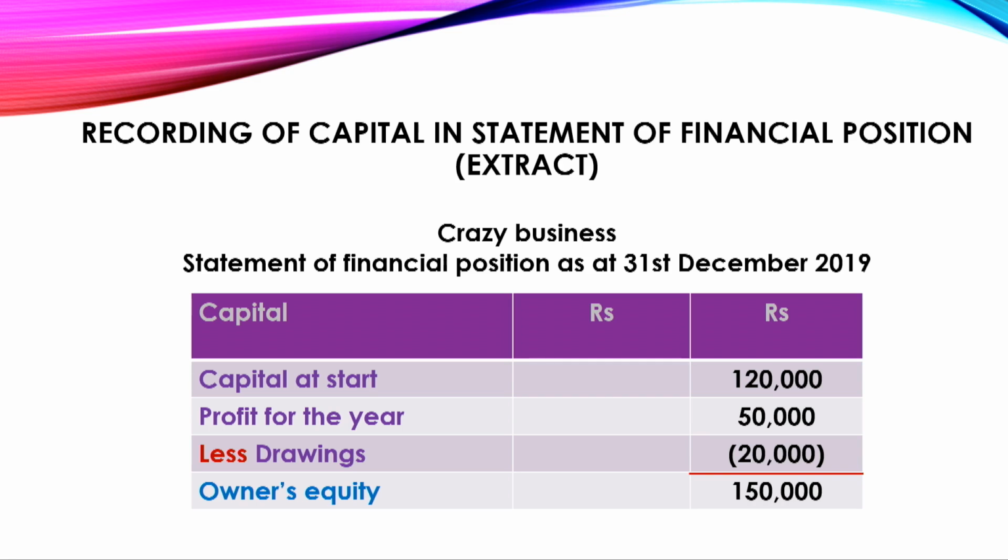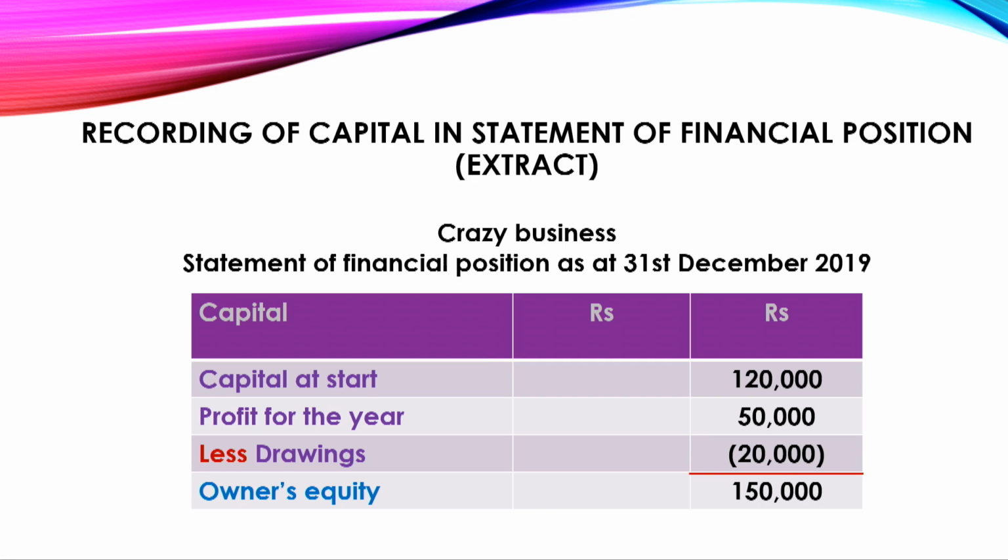Let us now look at how to record capital in Statement of Financial Position. The format is the same as stated before. So, first we need to record capital at start of 120,000 rupees, then profit for the year 50,000 rupees, minus drawings of 20,000 rupees.